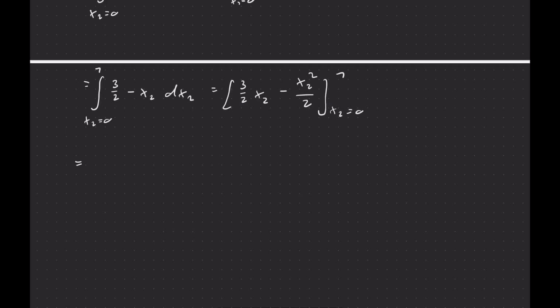And then we substitute the boundaries, and that gives us 3 over 2 minus 1 over 2 minus 0. So the result here is 1. Okay, so that is the integral of that function over the box 0, 1 squared.